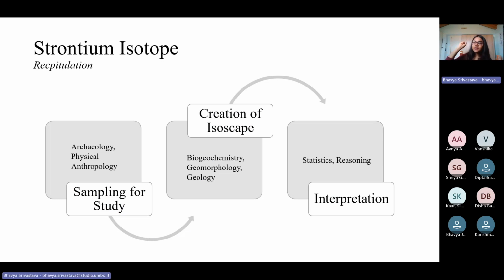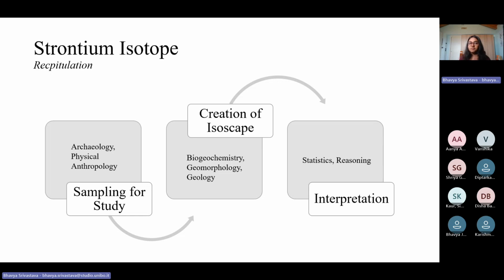The object, human body, animal body, or shell bead, or ceramic, or glass, or whatever it is, the strontium isotope ratio has to be calculated, 87 to 86, and then it has to be compared with the isoscape, or the naturally occurring strontium 87 to 86, to see if the material came from there or if the material came from some other place. This is what the basic principle is, and if you have the basic principle there, you can use it with so many case studies, as researchers have shown.